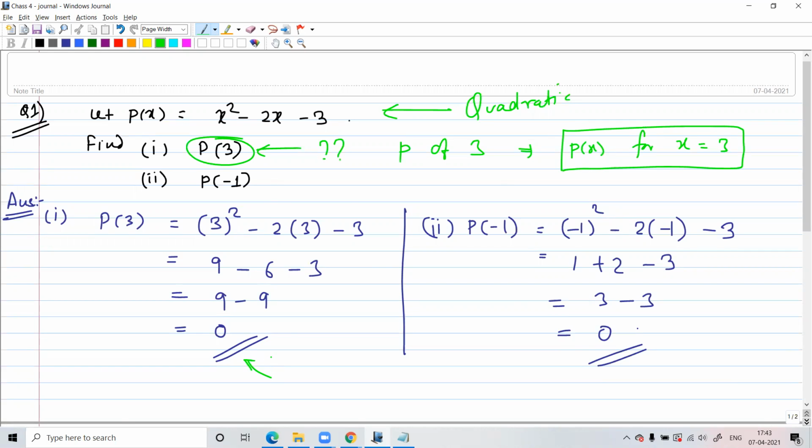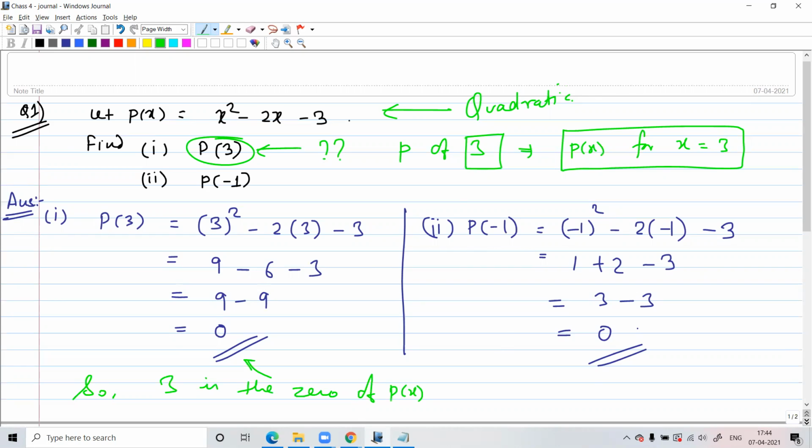Now, when you found P of 3, what is the answer you got? 0. So what does that make this 3? A zero of the polynomial. Yes. So 3 is the zero of polynomial p(x). But you notice that it's a quadratic polynomial, meaning it has degree 2. So what do you think? It can have more than one zero, right?